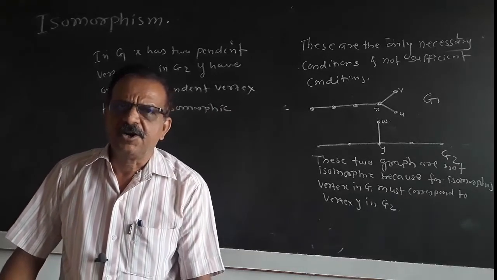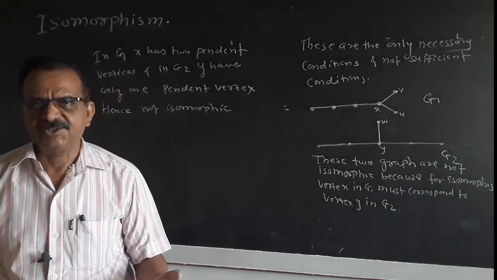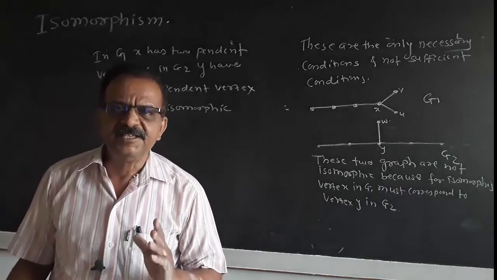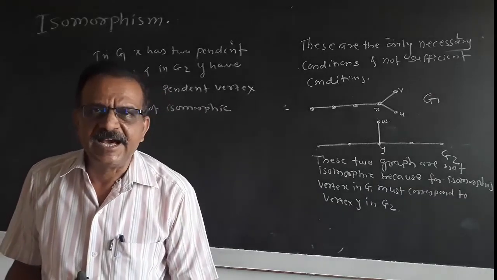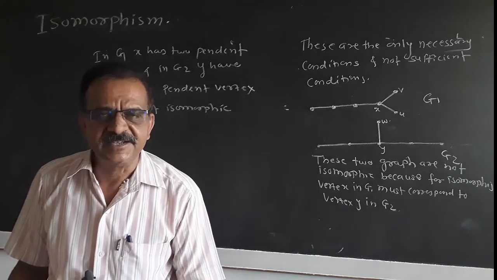Though all the 3 conditions are satisfied by 2 graphs, they are not isomorphic, and hence the given 3 conditions are only necessary conditions and not sufficient conditions.